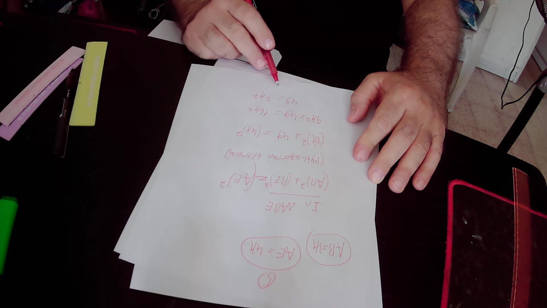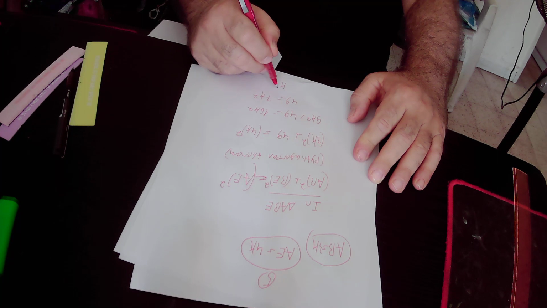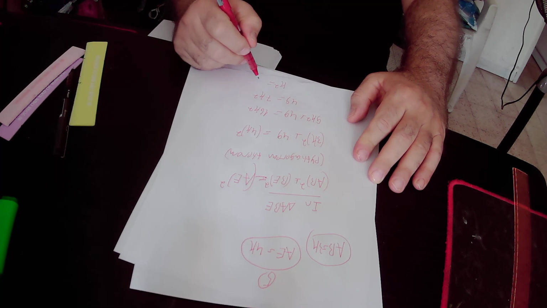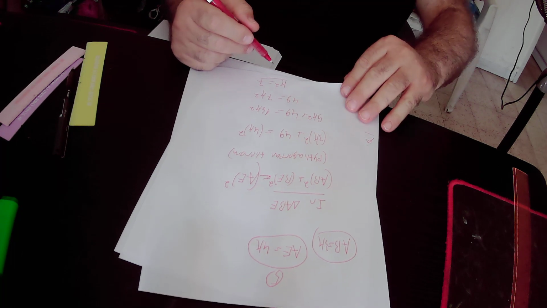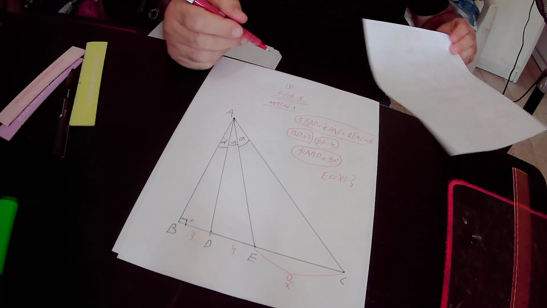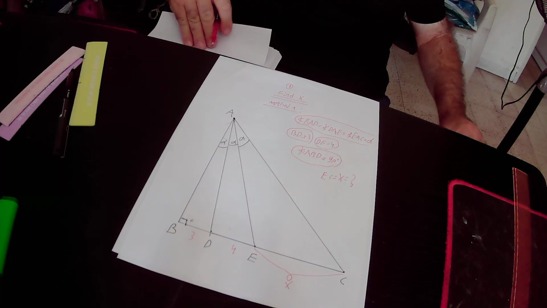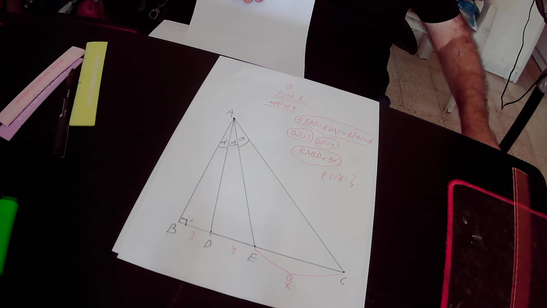So here we will divide this equality by 7, and we will get that K square equals to 49 over 7 is 7. So we got that K square equals to 7.